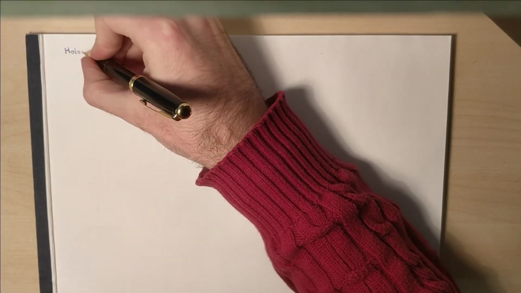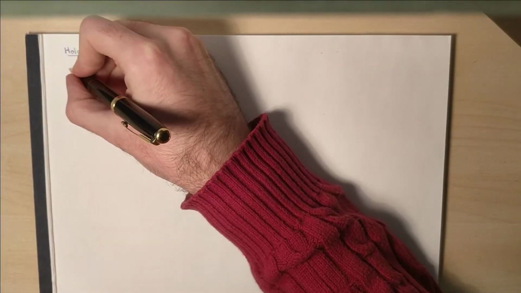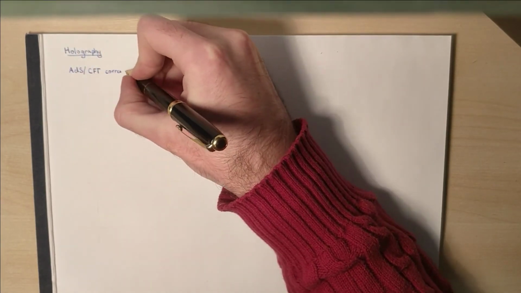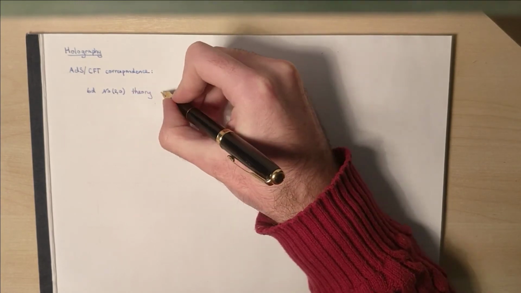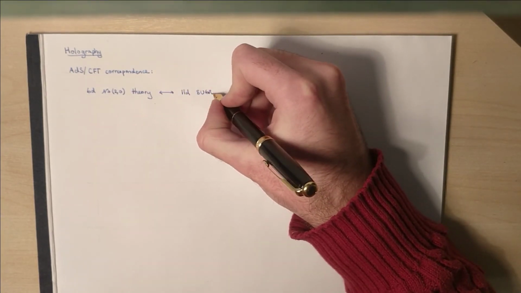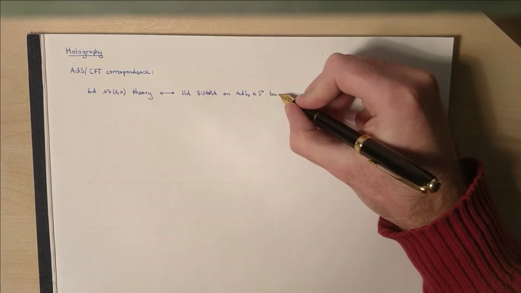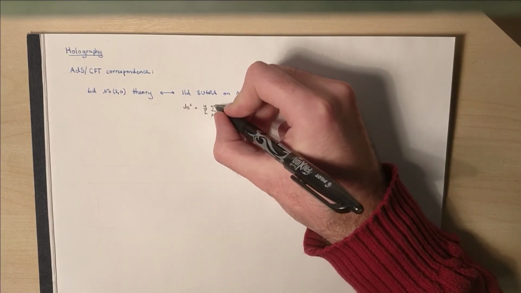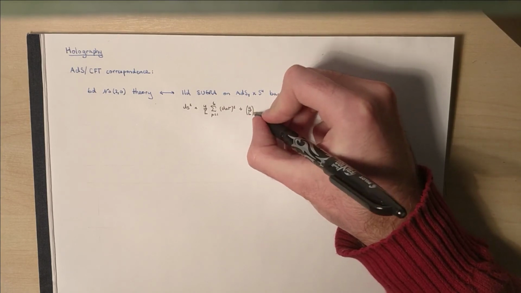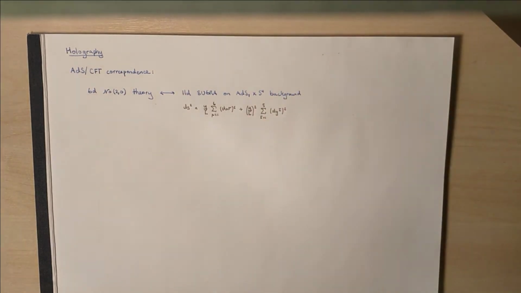Finally, we can discuss how the BPS surfaces are realized in holography. The AdS/CFT correspondence establishes a dictionary between observables of the (2,0) theory and observables of 11D supergravity on an AdS7 cross S4 background. The metric of the background geometry is the following, where y is the radial direction in R5 and is related to the coordinate of the Poincaré patch of AdS.